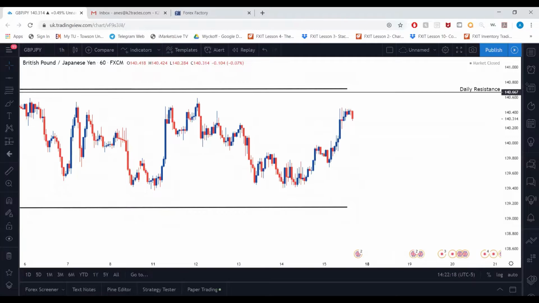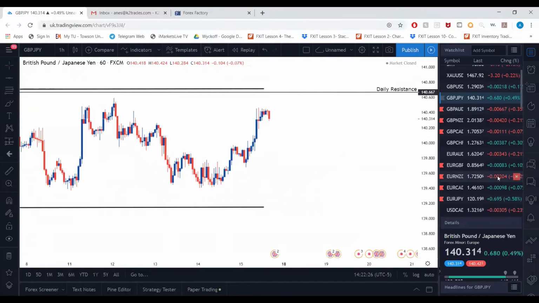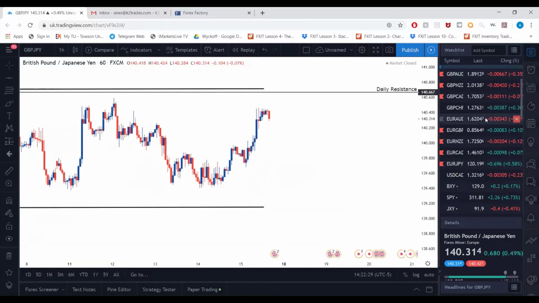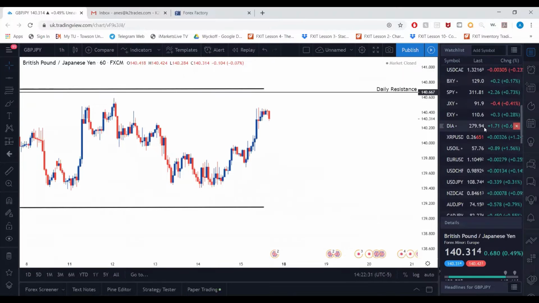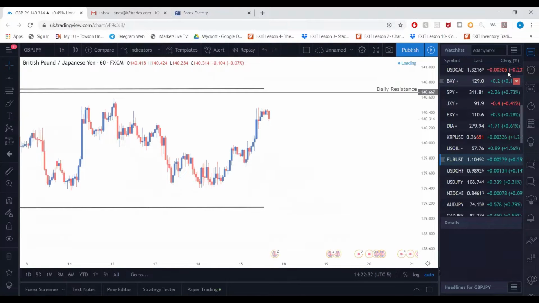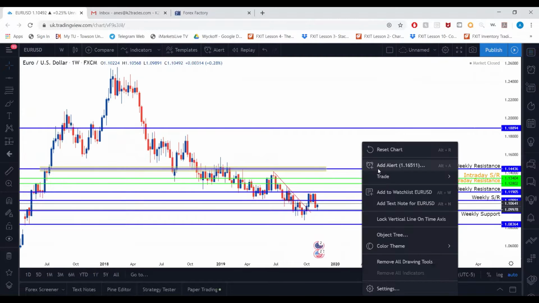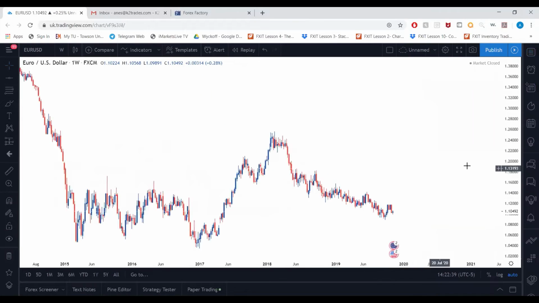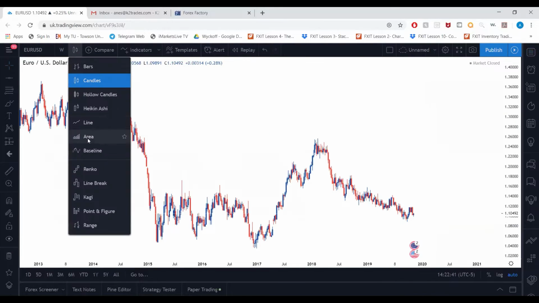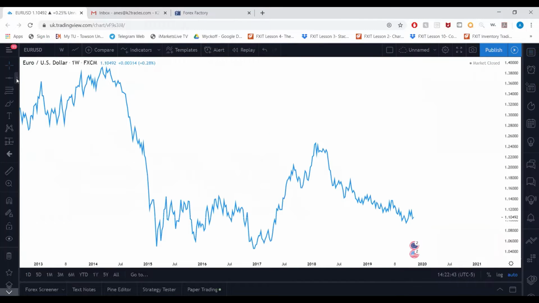Second pair that you requested was Euro USD. So let's take a look. Euro USD. Here we go. All right, let's clear this. All right, so we are on the weekly. Go to line chart.